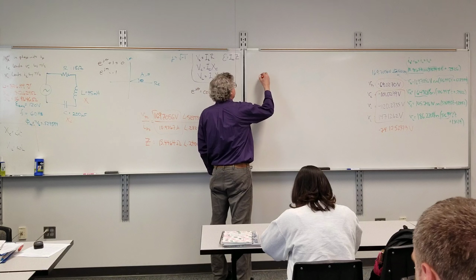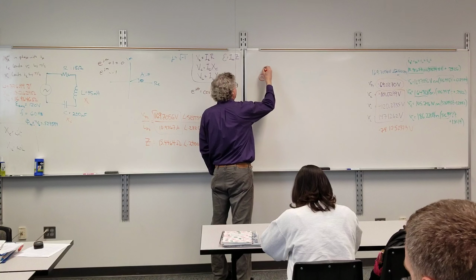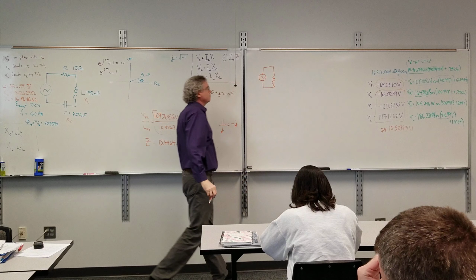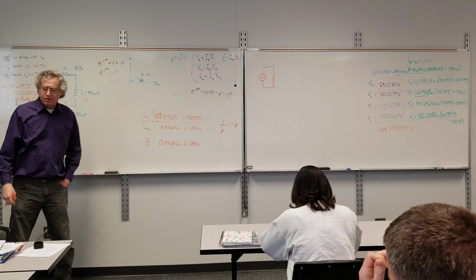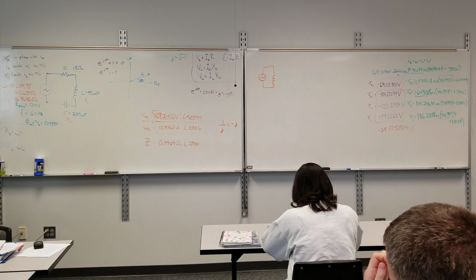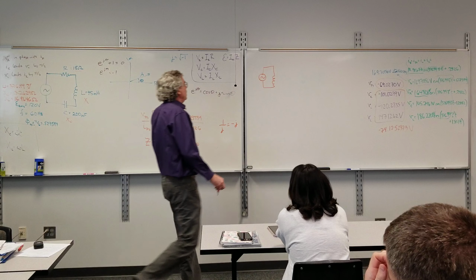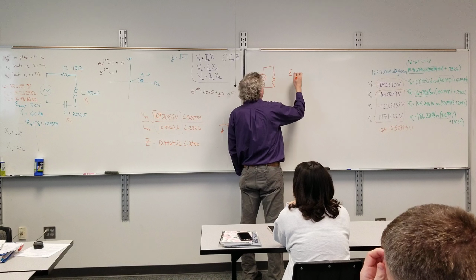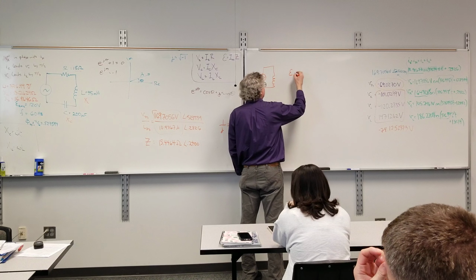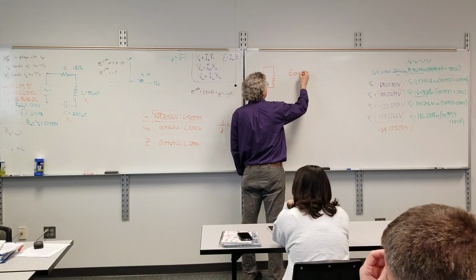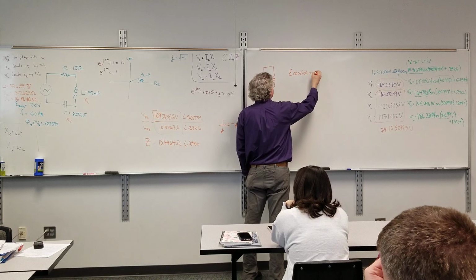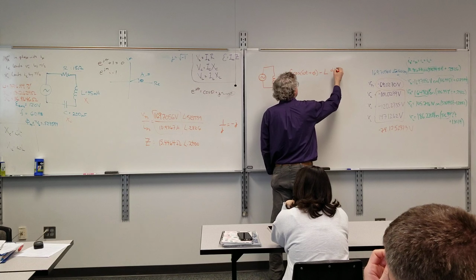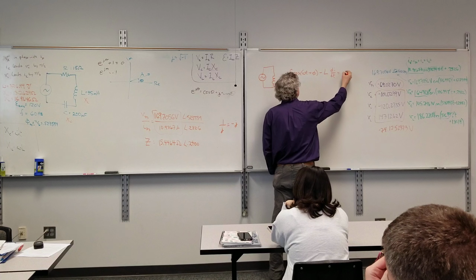Let's just go back to a simple circuit of I have an AC power supply and I have an inductor. My voltage from my power supply is whatever epsilon is times the cosine of omega t plus phi minus L di dt equals 0.